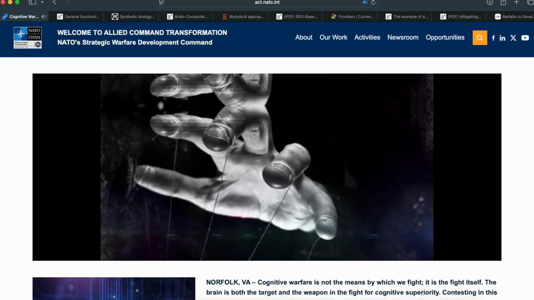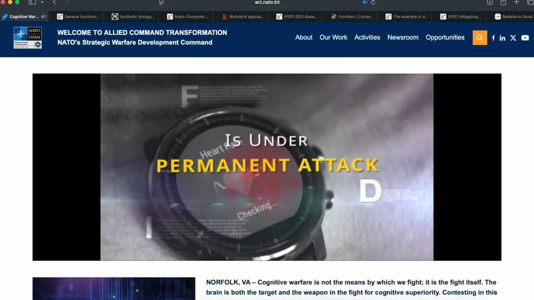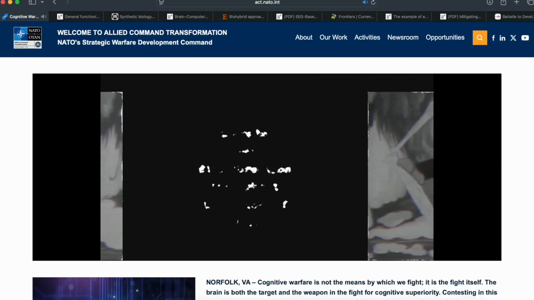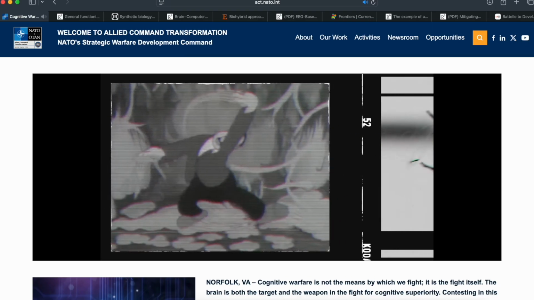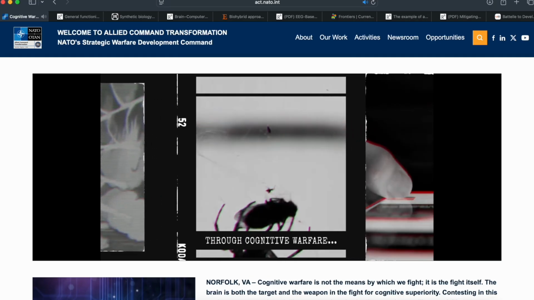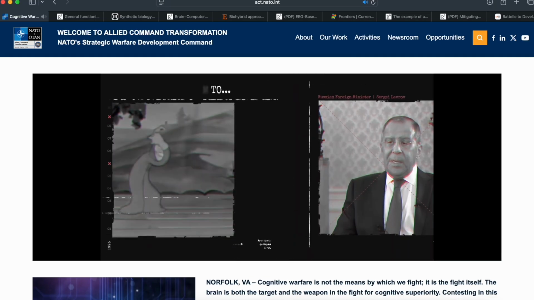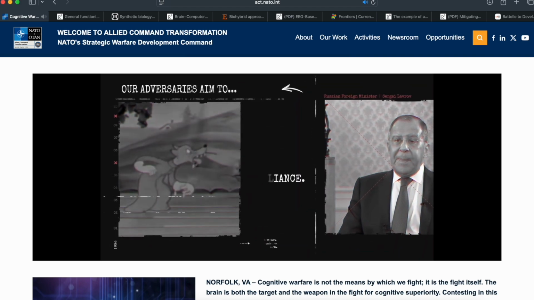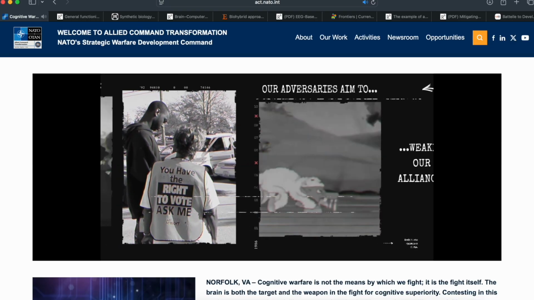Why there are not new disinformation campaigns, fake news, or conspiracy theories are used to fragment states and polarize the public opinion. We have been attacked, there has been deceptions, and there has been disinformation throughout the history of NATO. It's about relationship between NATO and EU.